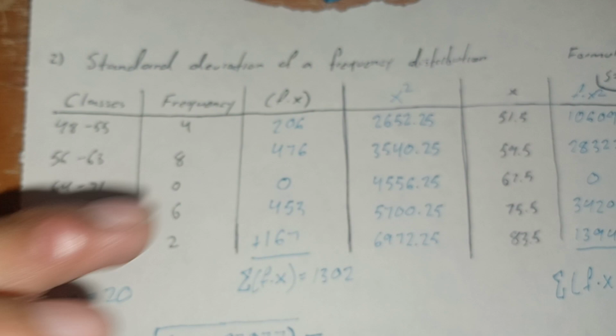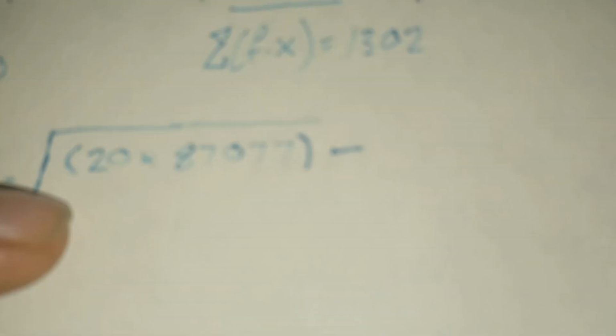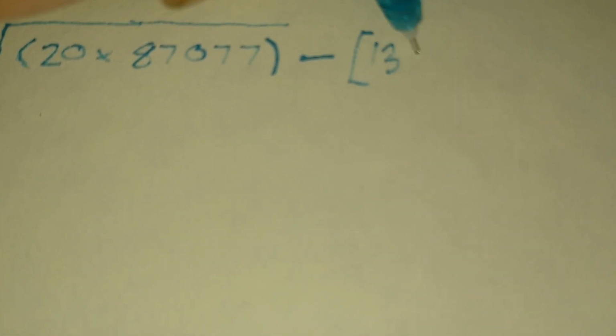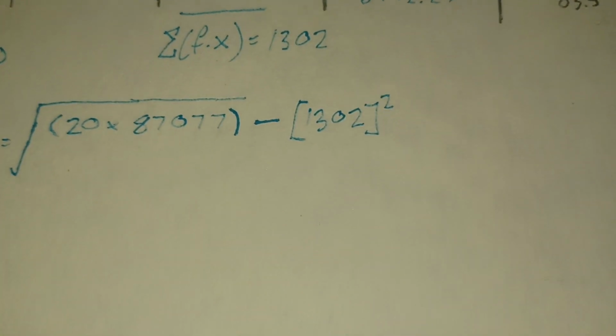The sum of f times x is 1302, and you square that.